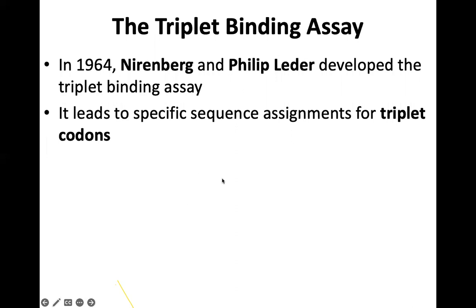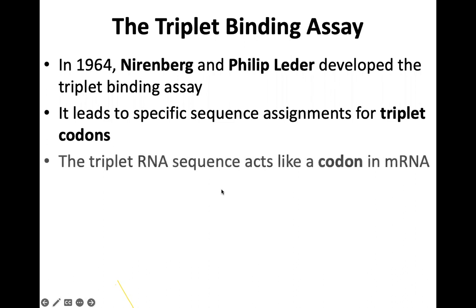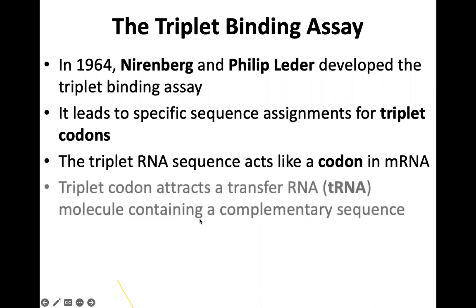So there is a specific sequence for assignment of each triplet codon, and the triplet RNA sequence acts like a codon. So 3 base pairs together are a codon. It's not 1, it's not 2, it's not 4. It's exactly 3 which are encoding for the codon.